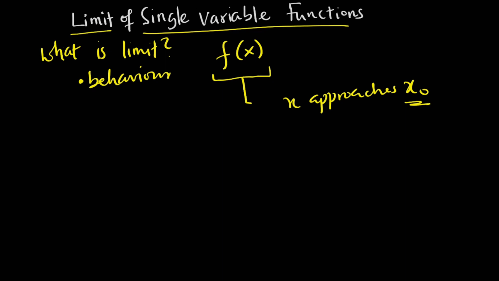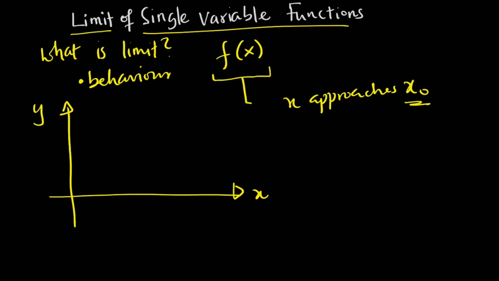Now, let's draw a graph. Let's say this function f of x is plotted on a two-dimensional plane like this, where x is here. Then this represents the functional value, let's say y, so y is equal to f of x. Now, considering this graph, let's say x naught is here.